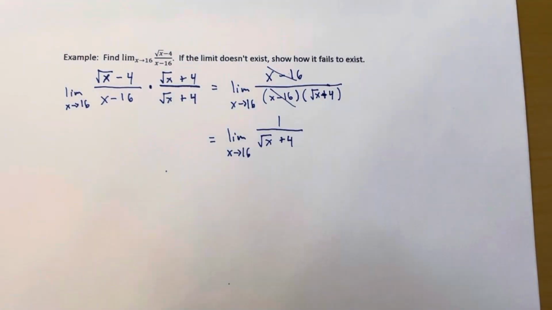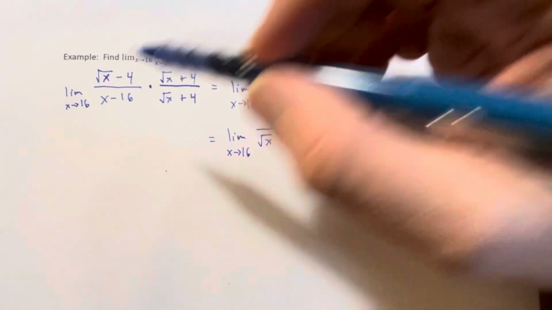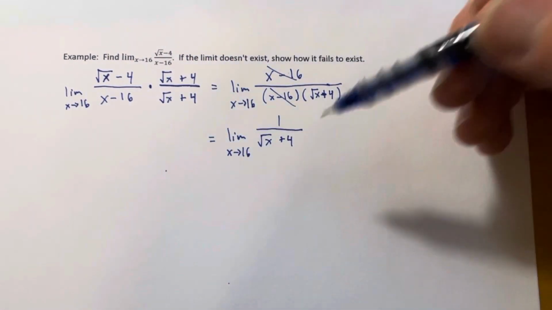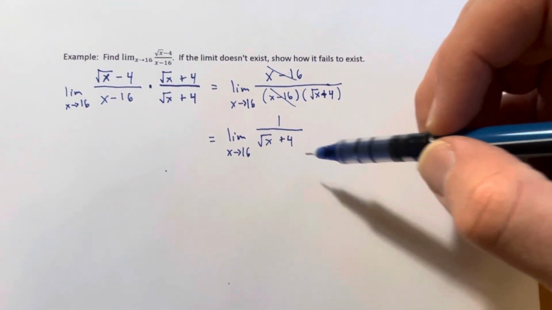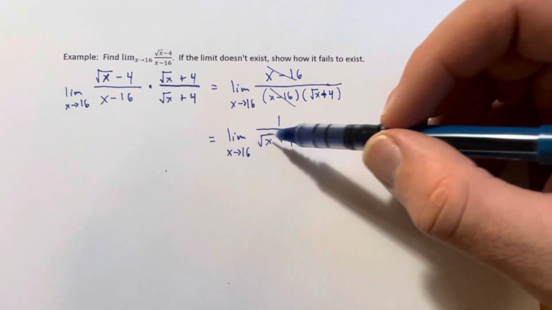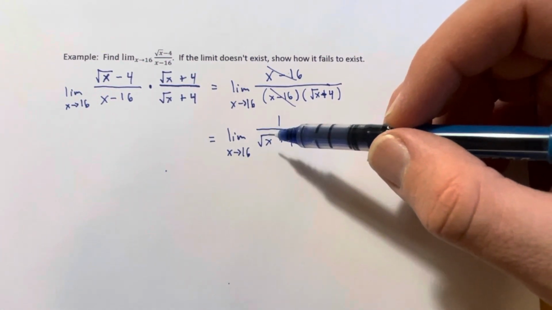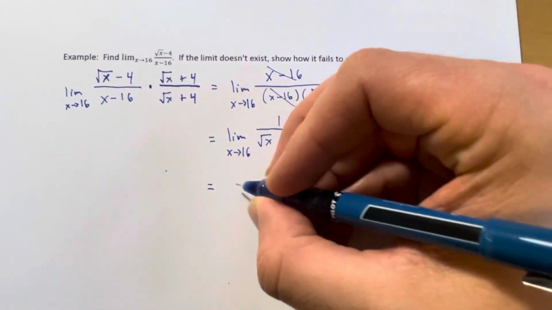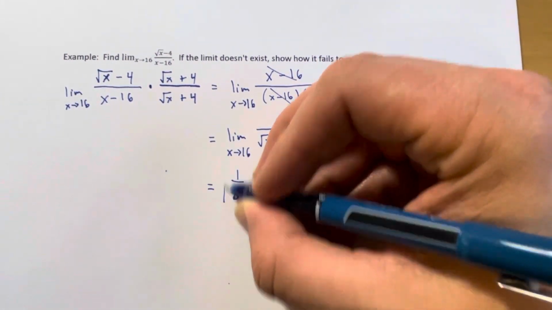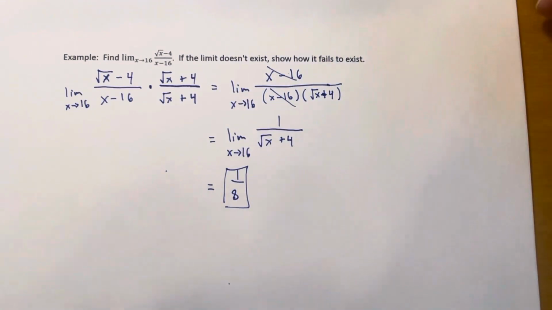The issue before was that I had an indeterminate form. If I tried to do direct substitution, I got a 0 in my denominator. That doesn't happen anymore. Watch, if I plug a 16 directly into my denominator, square root of 16 is 4, and now I have 4 plus 4, which is 8. The 1 in my numerator is not changing, so I get 1/8 as my limit.